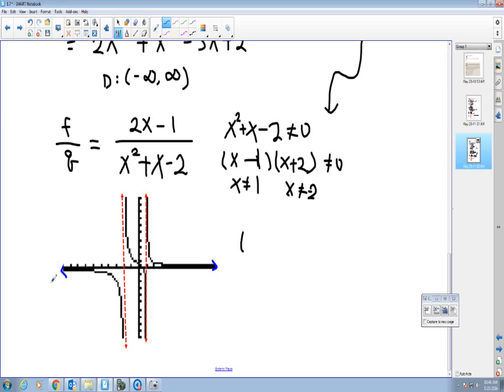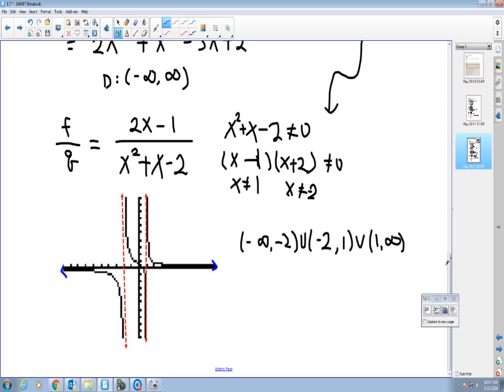So my domain comes from negative infinity, approaching my vertical asymptote, -2, union. My function also exists between -2 and +1. And then my third part, from the right side of the vertical asymptote, x equal to 1, keeps on going to infinity. There you go. Alright, that will be my domain for this rational function.